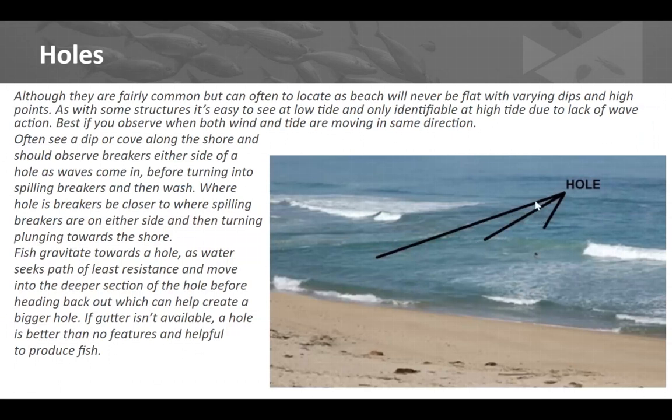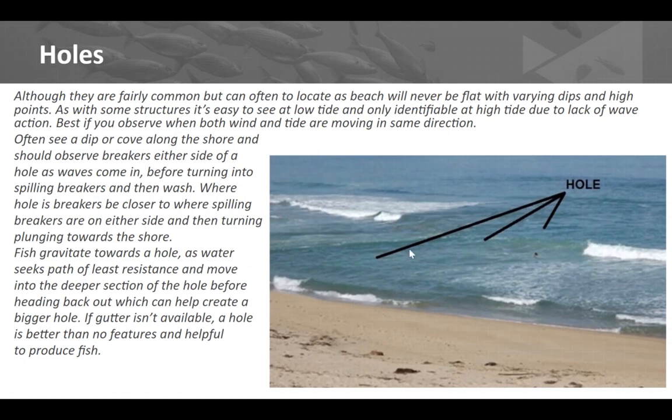And it's best observed when the wind and the tide are moving in the same direction. So you're not getting readings if the wind is blowing out to sea and the waves are coming in. You might get a misreading because it might create a different reaction to the water. But if it's a good big hole, then this is a clear example.